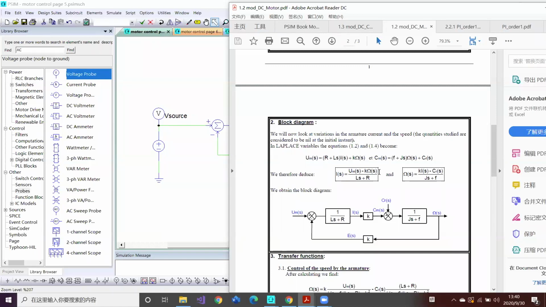The upper part is the zeros, and the lower part is the poles. The poles correspond to our inductance, resistance, and inertia, and these parameters are provided in our first step.